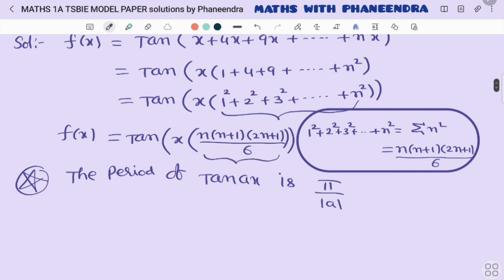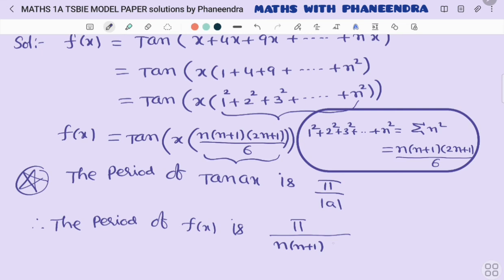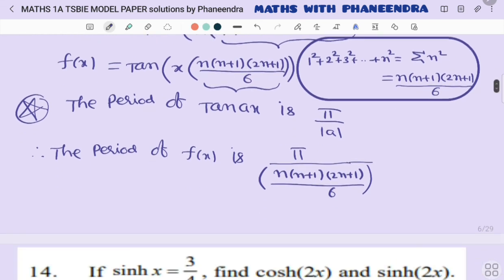This bracket value is A. Therefore, the period of f of x is pi by A. A value is what? n into n plus 1 into 2n plus 1 by 6. So, the denominator of the denominator becomes the numerator. So, 6 pi by n into n plus 1 into 2n plus 1. This is the required period of the given function.